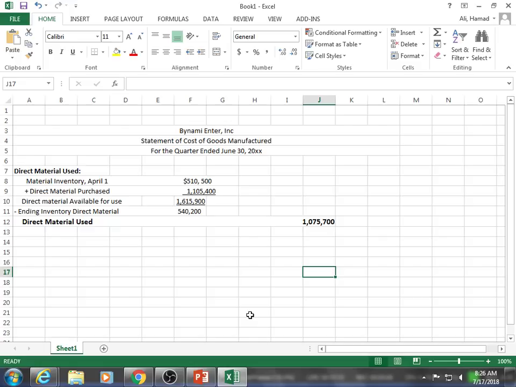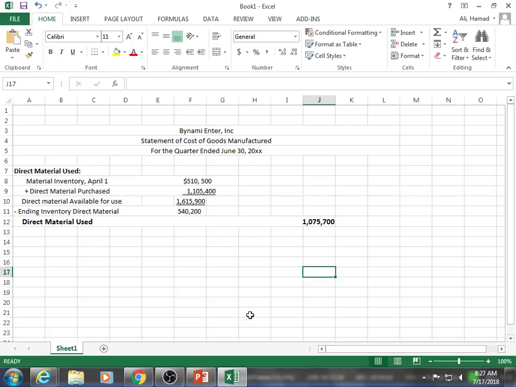That will give you how much? If we have 1,615,900 available, and at the end of the quarter we only have 540,200, that means we used 1,075,700. All right, so material used.